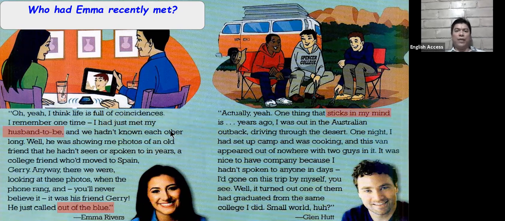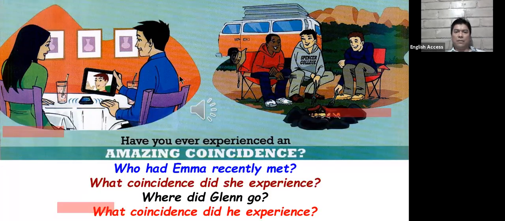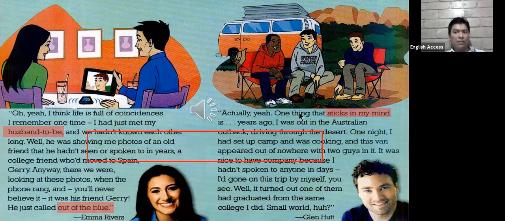For example, we ask these people the question, have you ever experienced an amazing coincidence? In the audio, this question is asked to Glenn. Glenn listens to the question and answers, "Yes, actually, one thing that sticks in my mind is..." That means the story is always in his mind. Okay.